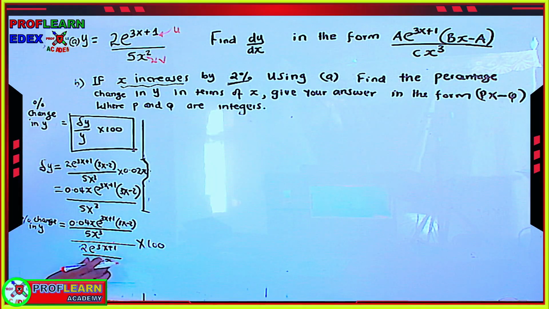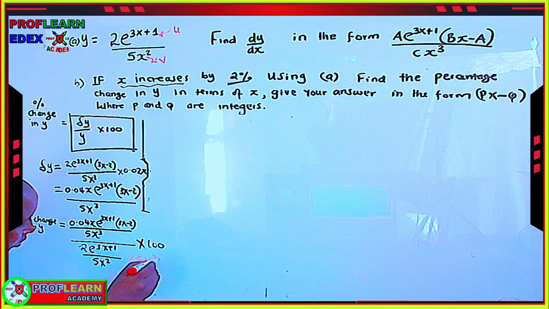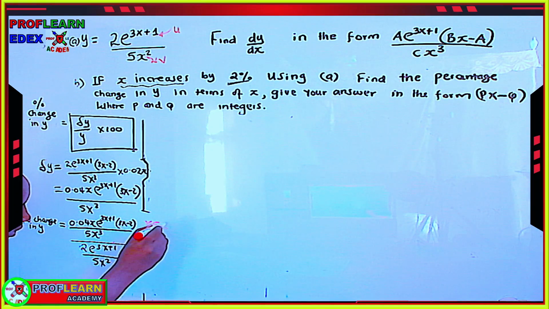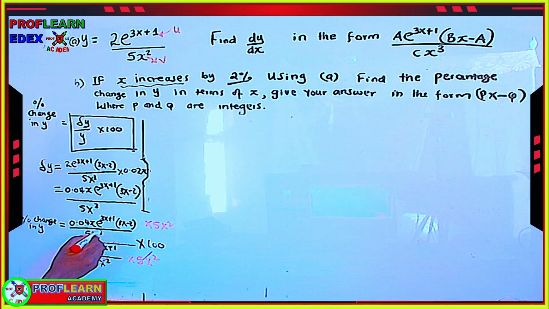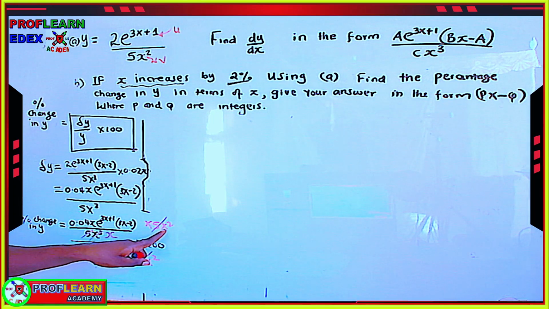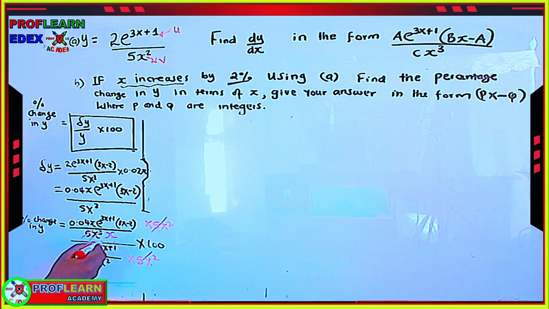To get rid of this fraction here, I'm going to multiply by 5x squared. So in that case, you can see this part and this part will cancel out. This part and this will cancel out, but we are remaining with 1x because this is x squared. But that x that has remained there is going to cancel with this x at this given point.